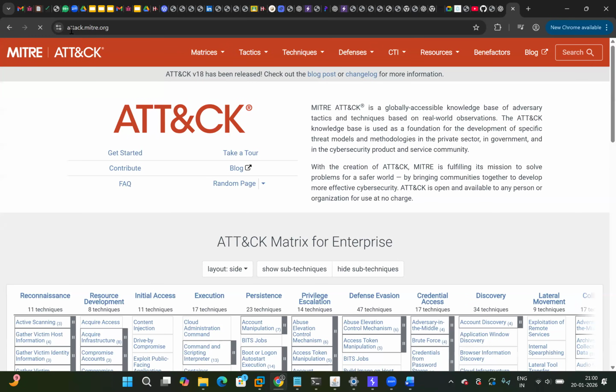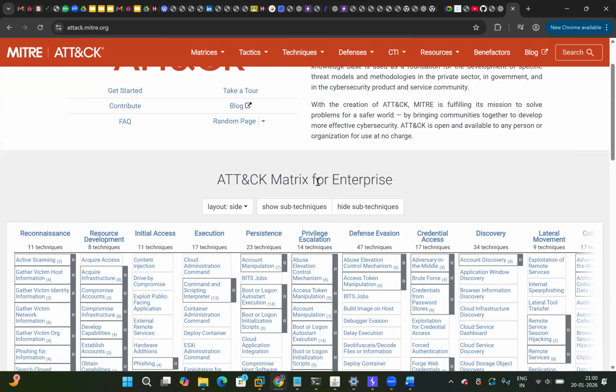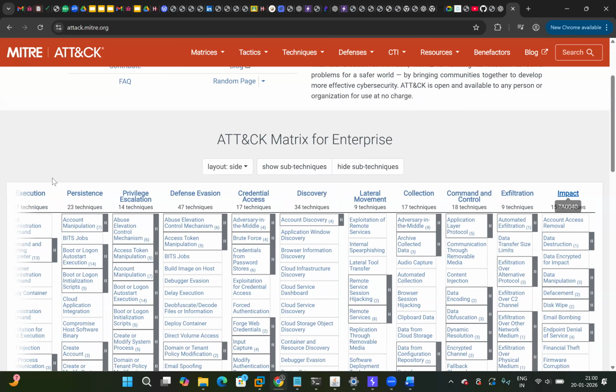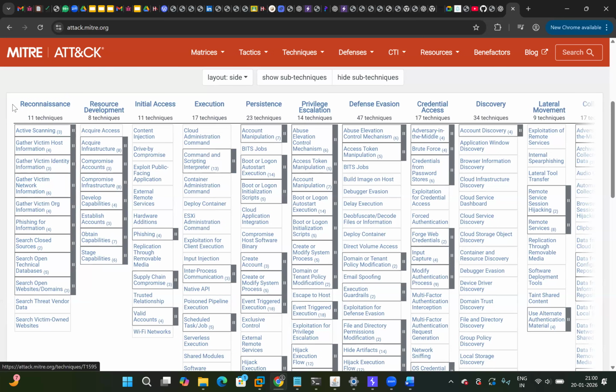If you come to the website attack.mitre.org, this is the ATT&CK matrix for the enterprise. This is what we have covered. All these are tactics: reconnaissance, resource development, initial access, execution, persistence, privilege escalation, exfiltration, impact. Every single tactic has techniques. Reconnaissance has 11 techniques, meaning the techniques with which reconnaissance can be done.